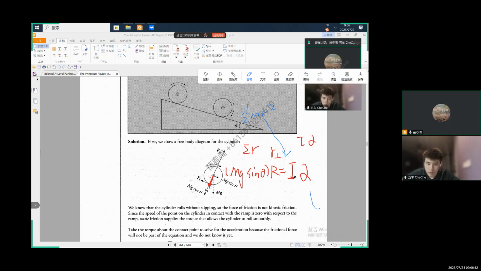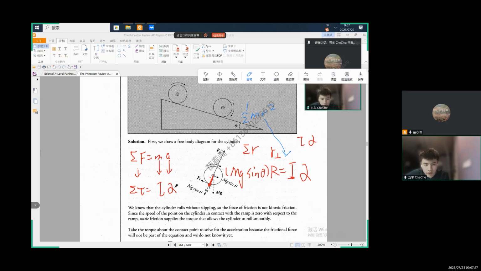Newton's law is sigma F equals ma, right? In a similar way, sigma torque is the reason why you rotate, just as force is your reason for changing acceleration. This is your I for m and alpha for angular acceleration. Does that make sense? So this is I alpha. So what's your I then this time?